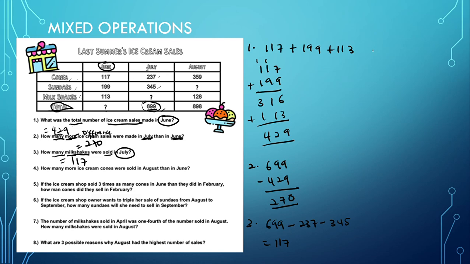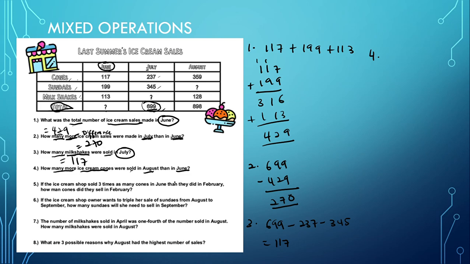So now number 4. How many more ice cream cones sold in August than in June? See, when you see in every single question that gives you how many more, you instantly know this would be a comparison between something and something.